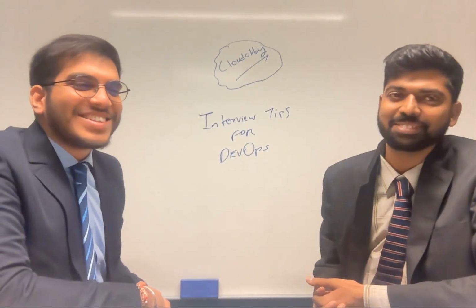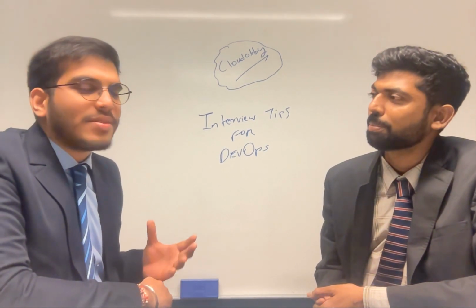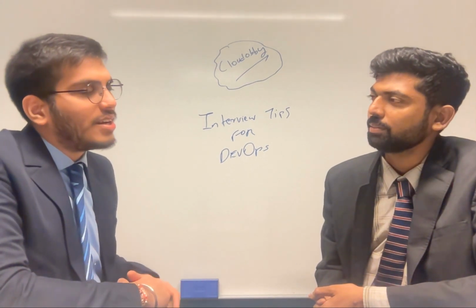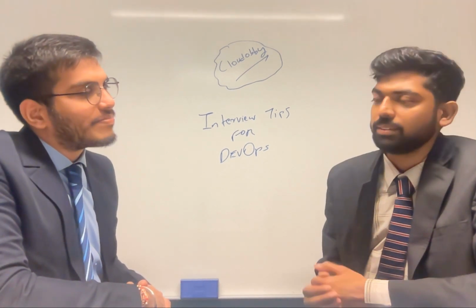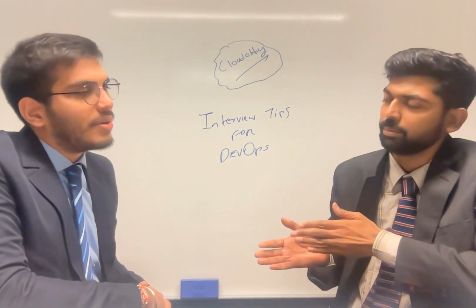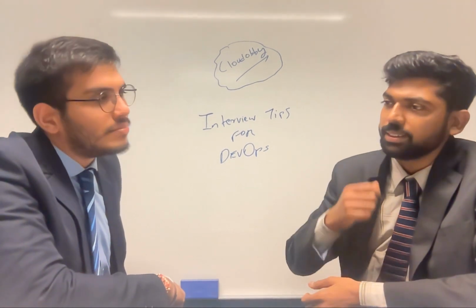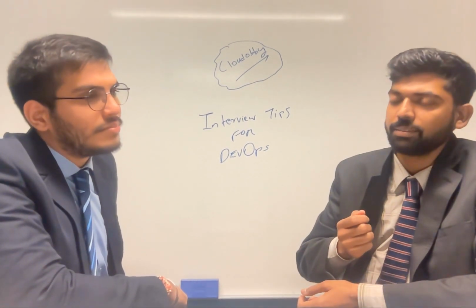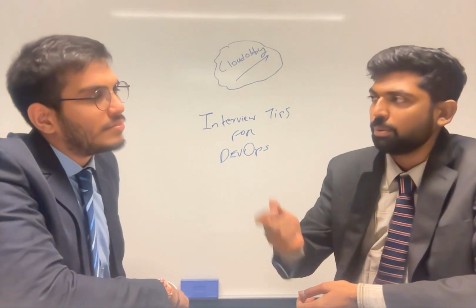The first question would be, can you explain the basic concepts of continuous integration and continuous deployment? CI/CD. So what is CI/CD? The full form is continuous integration and continuous deployment. Continuous integration is when there is a change in the code. For example, I am changing the color of my website from green to blue.